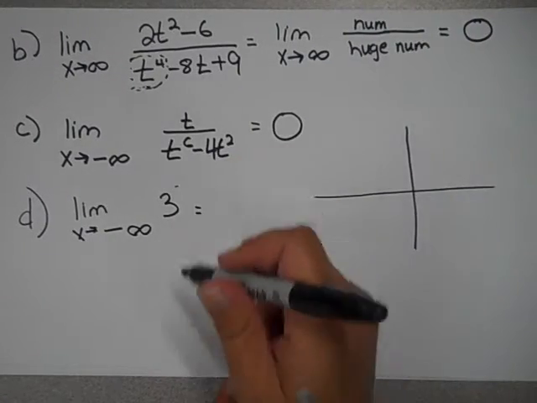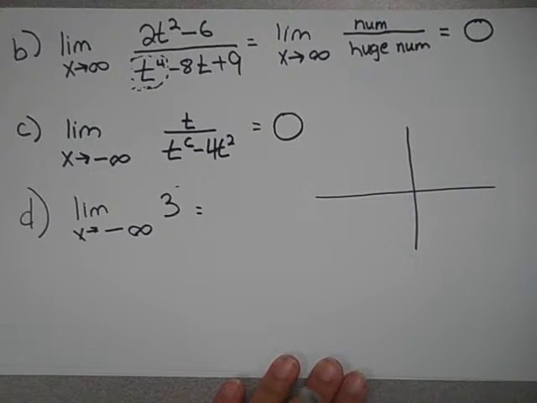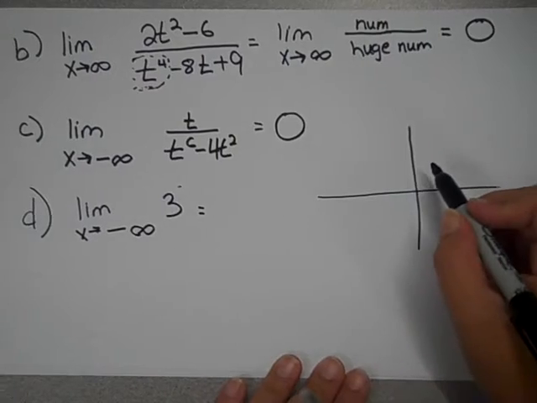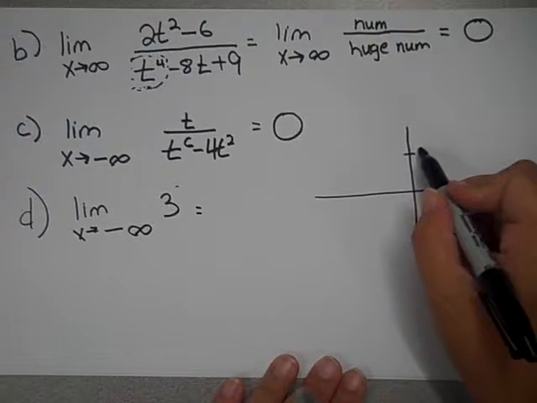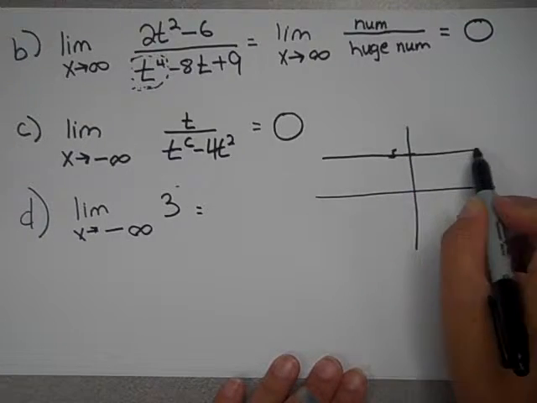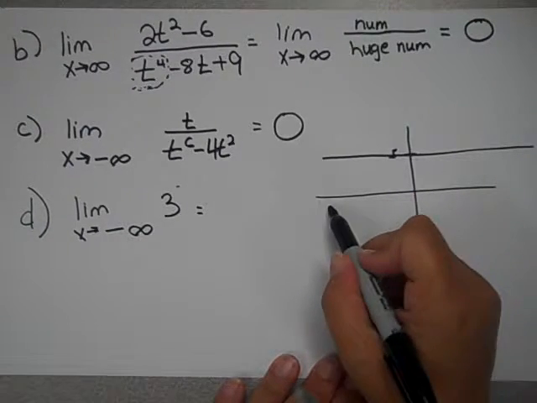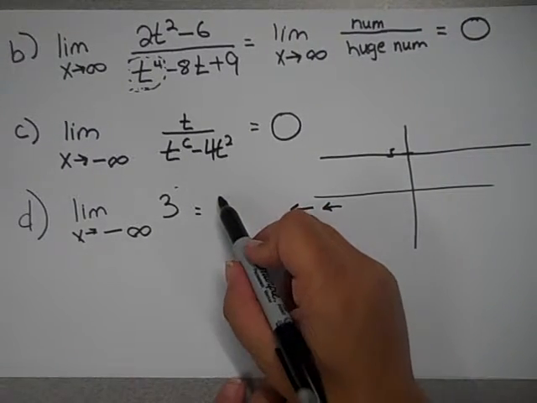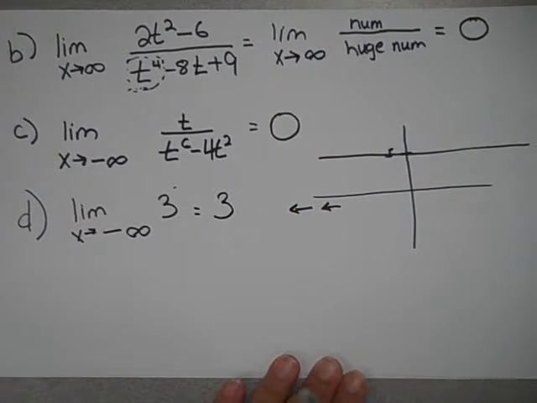Remember that this is your function. So if your function was f of x equals 3, what would that look like? Also remember that this is your y value. So if your y value was 3, what would that look like? Well, it would look like a straight line. So as x goes towards negative infinity, what is y doing? It's always 3.